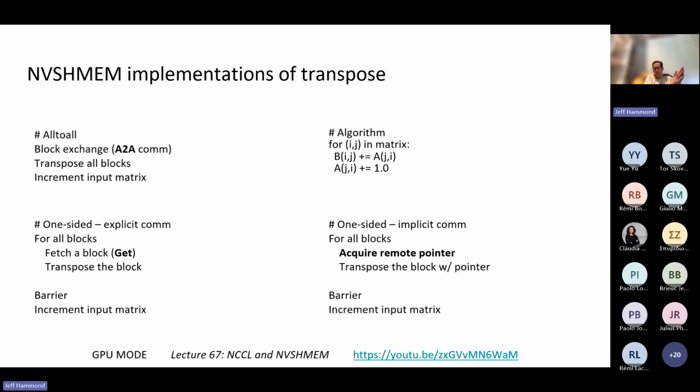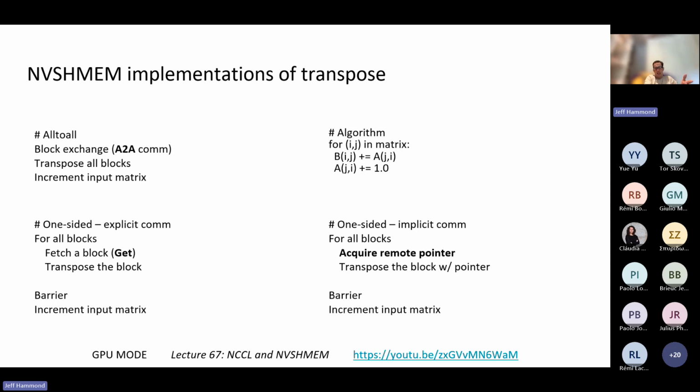The incrementing of the input is not important. It's not part of matrix transpose. It's actually part of validation in this algorithm, because we didn't want a scenario where if we transpose twice, we got the same data back, because then you can't tell if it's working in all cases.